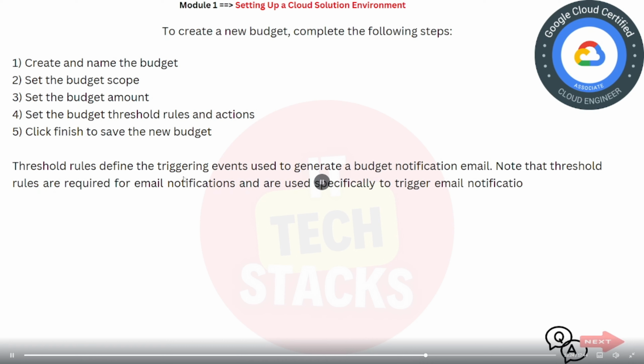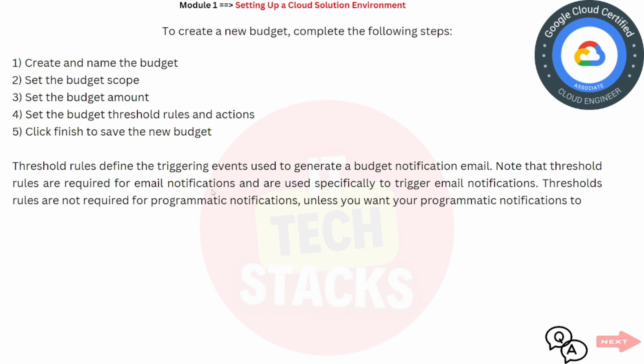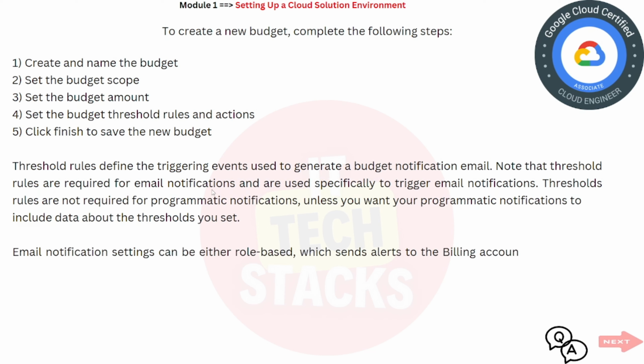Threshold rules define the triggering event used to generate the budget notification emails. It means as soon as your budget reaches that threshold level, it sends the email notification. Threshold rules are required for email notifications, but are not required for programmatic notifications unless you want your programmatic notifications to include them.